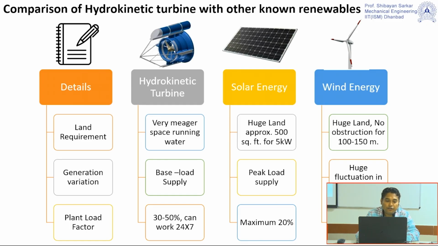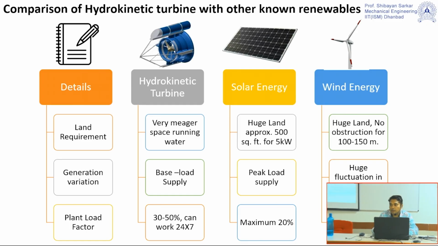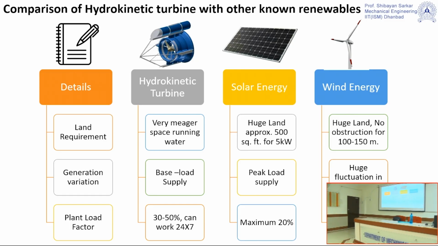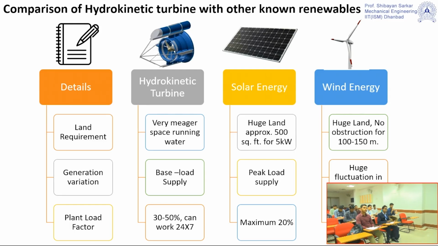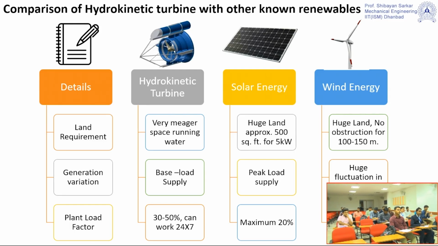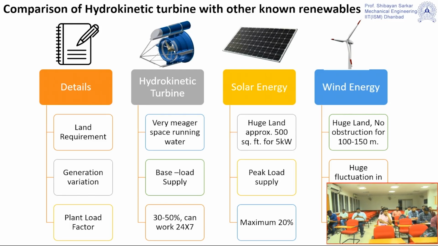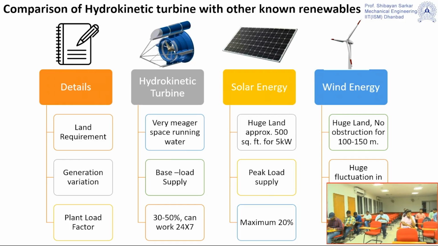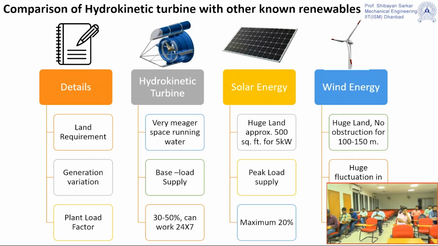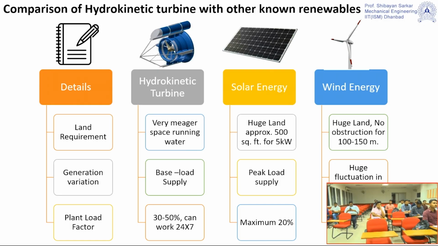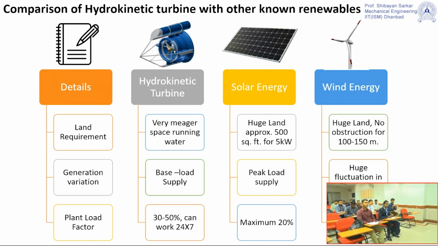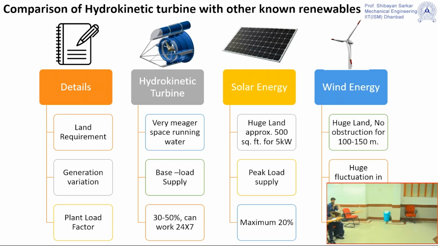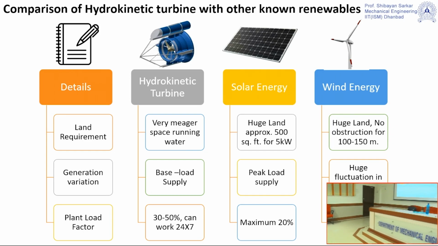Now, energy variation: whenever it generates energy, what is the frequency of this energy? If you see the energy generation by this hydrokinetic turbine, it may be a continuous form of energy if the water resource is available. But in the case of solar energy and wind energy, this is very much related to the availability of solar radiation as well as the availability of wind velocity.